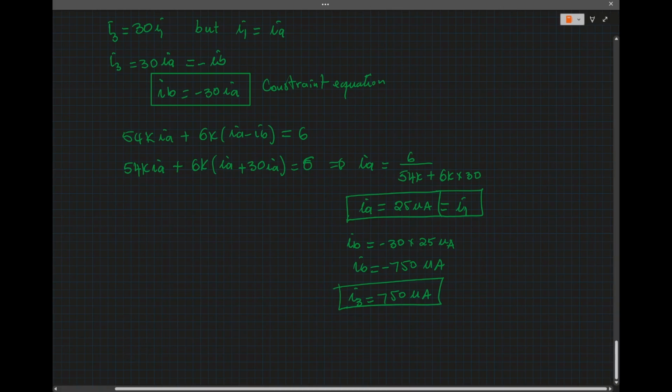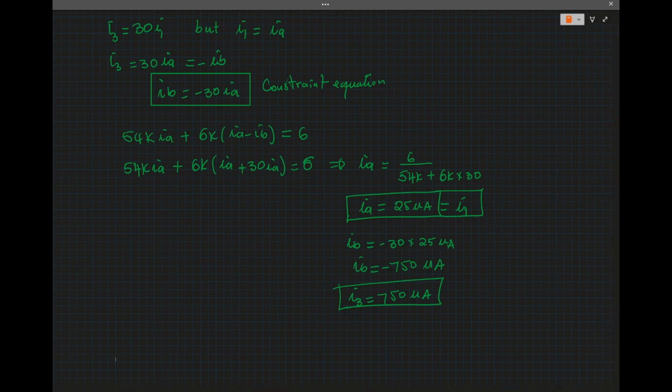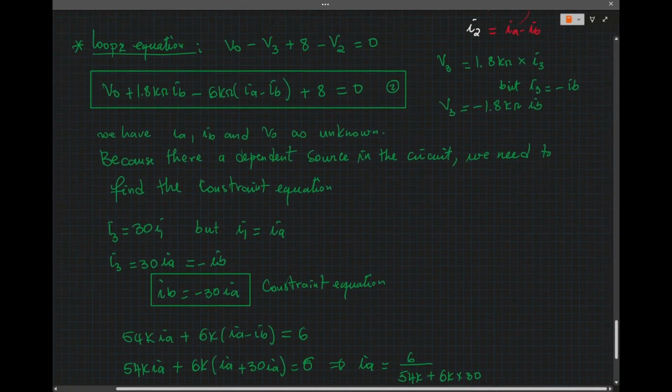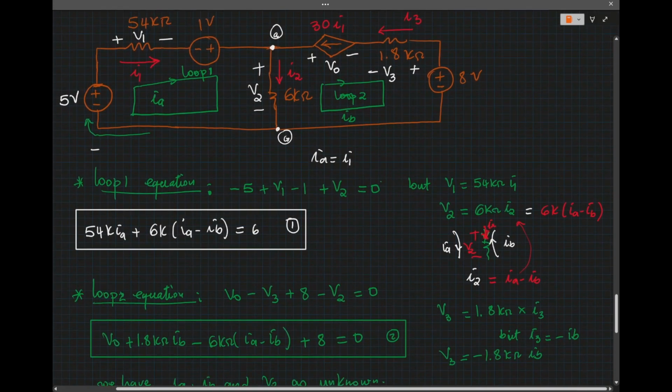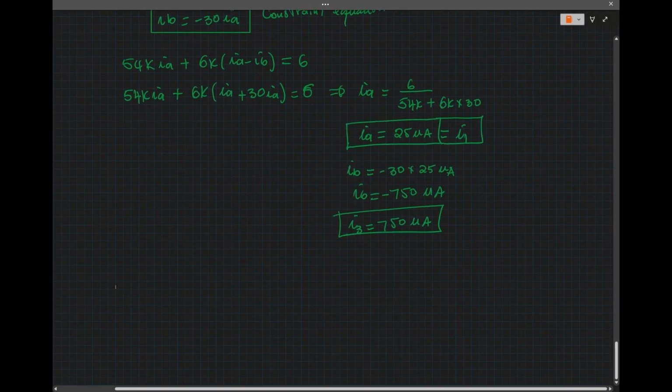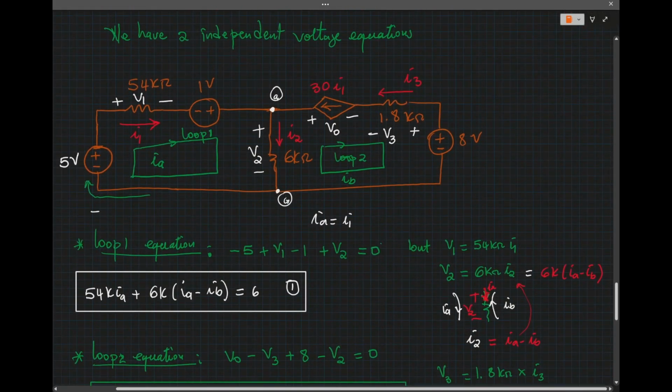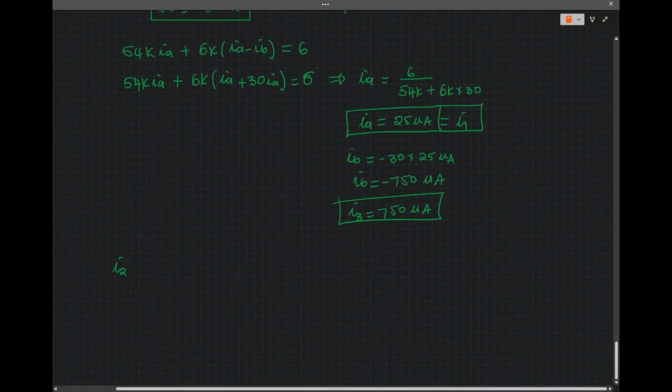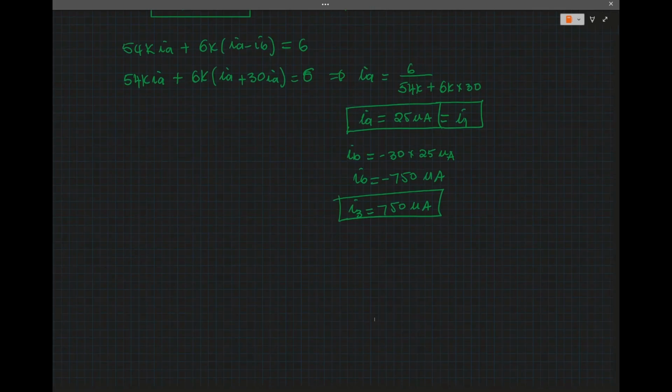We wrote the node equation, the mesh equations, or the loop equations, and we found all the currents. Now we can find the current I2. At node A, we know IA and IB, so the KVL method let us find IA and IB, and we can use those to find the branch currents.